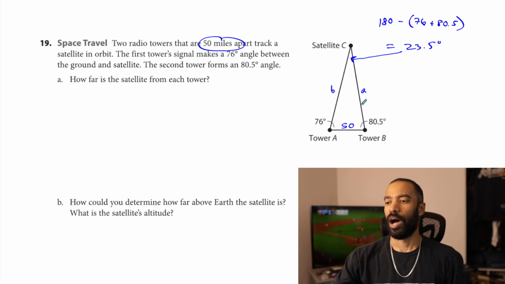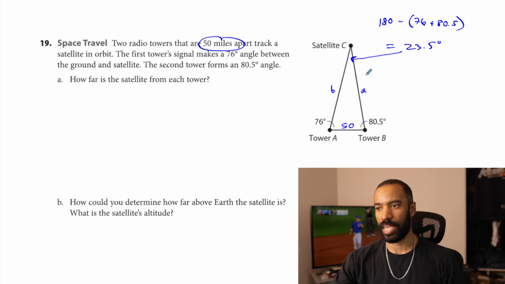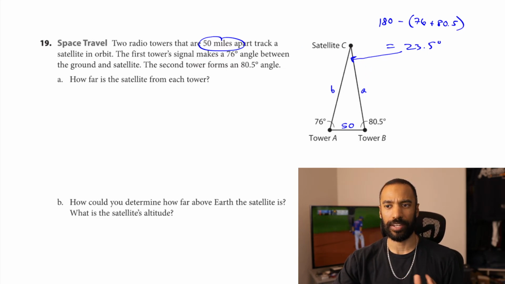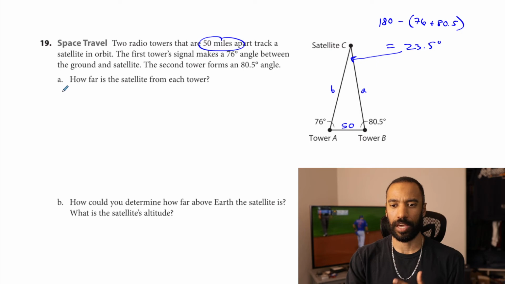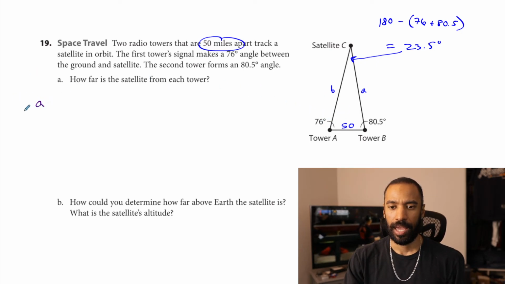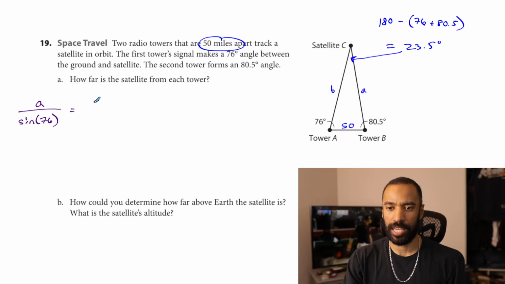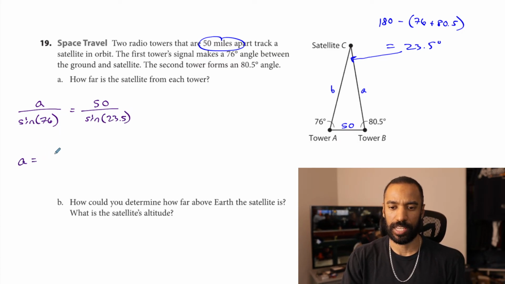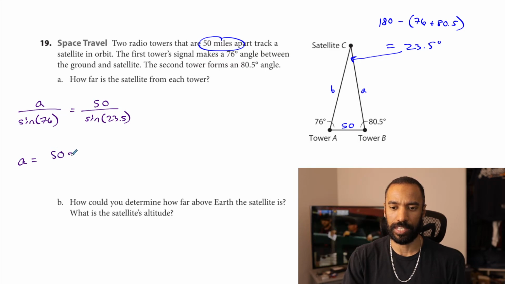We need to find a and b. We can do the same thing when it comes to law of sines. Why don't I just do one, and writing out the other should be a cinch, as we're going to multiply by the sine of the other angle. So let's start with a. a over the sine of A equals c over the sine of C. So when I multiply both sides by sine of 76, I'll do a equals 50 times sine of 76 over sine of 23.5.